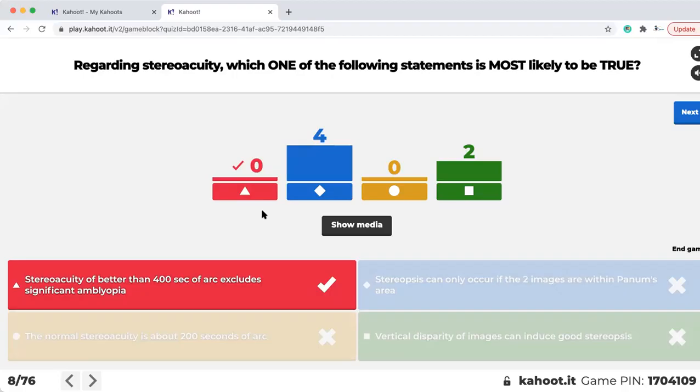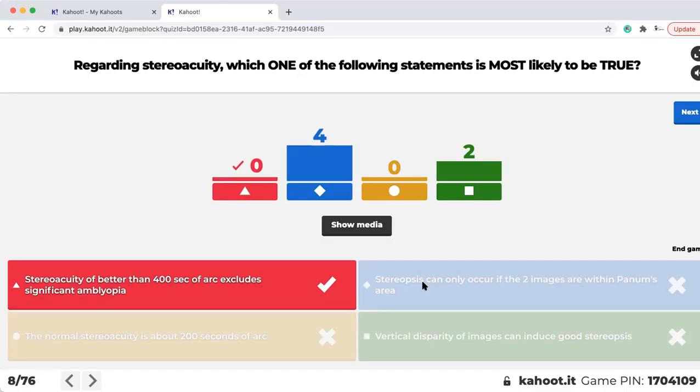And we mentioned that stereopsis occurs in the Panum's area and in the area outside Panum's. So please be careful with the words. The question asks whether stereopsis can occur only if the two images are within the Panum's area. They can occur if the images are within the Panum's area, but also if the images are outside the Panum's area, which will result in physiological diplopia but still with stereopsis.